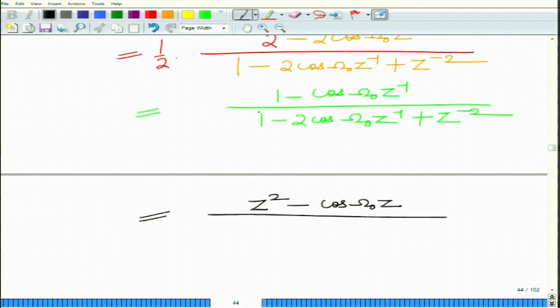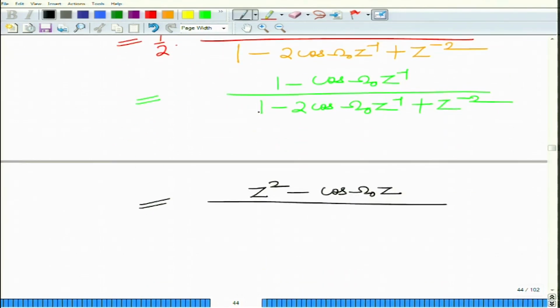So, this is z square minus cosine omega naught z divided by z square minus 2 cosine omega naught z plus 1.